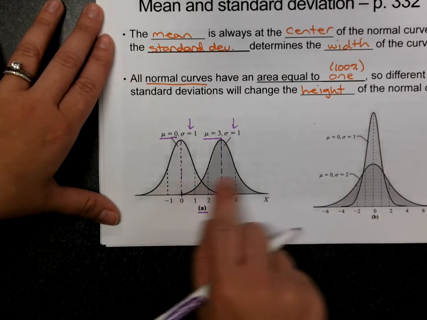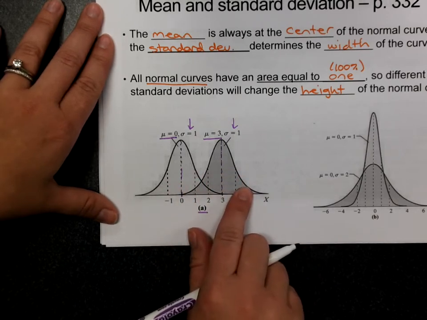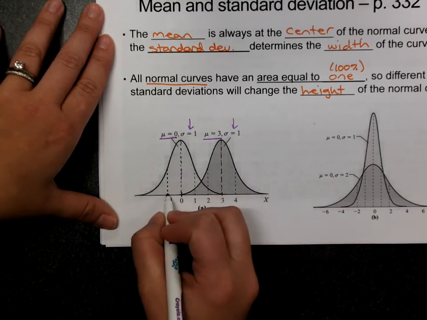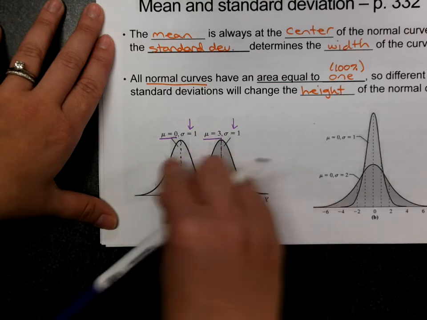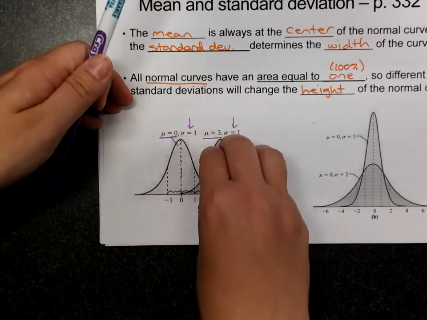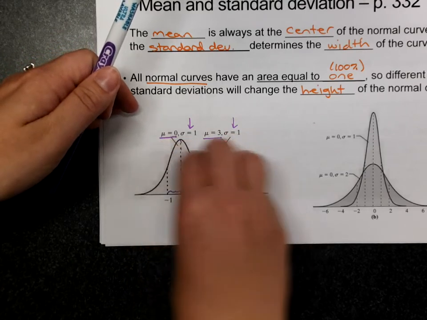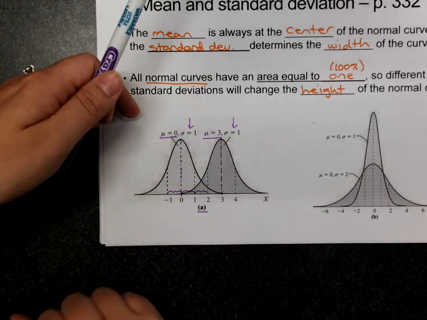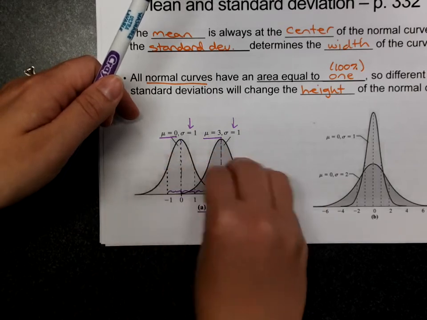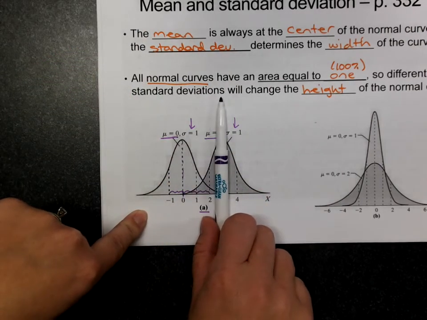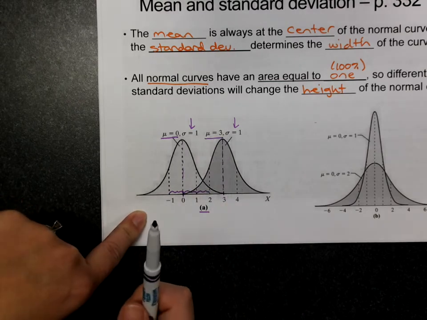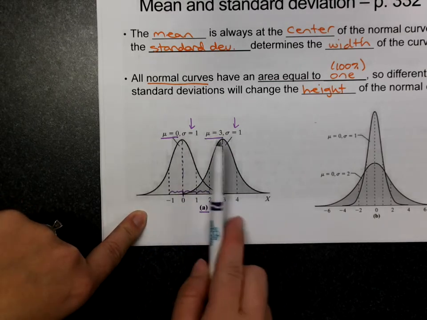But you can see that these are identical curves, the width of the curve, the standard deviations, are the same. It looks like you picked up this curve and just put it back down over here. You didn't change the width or the height. It's a replica, except it's shifted over 3 units. The standard deviations are the same, so they look like identical curves.